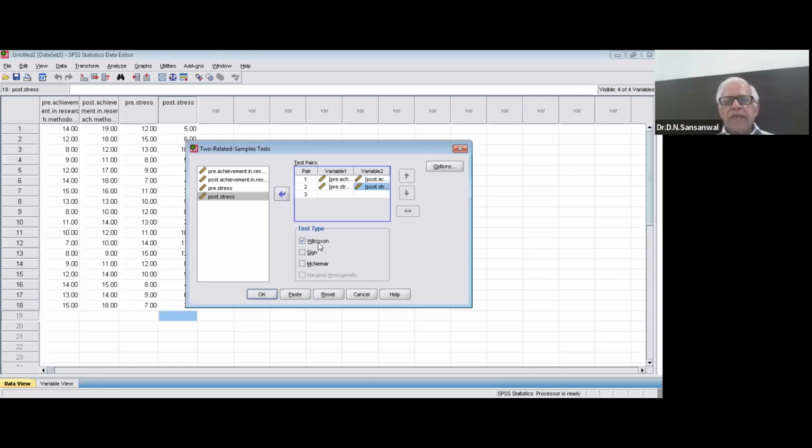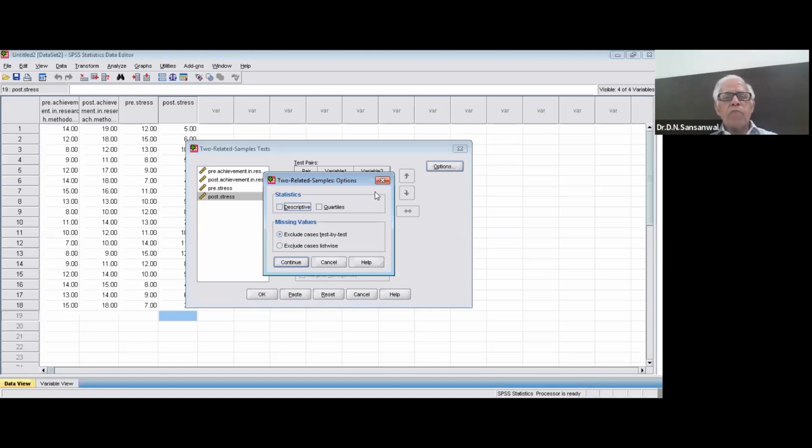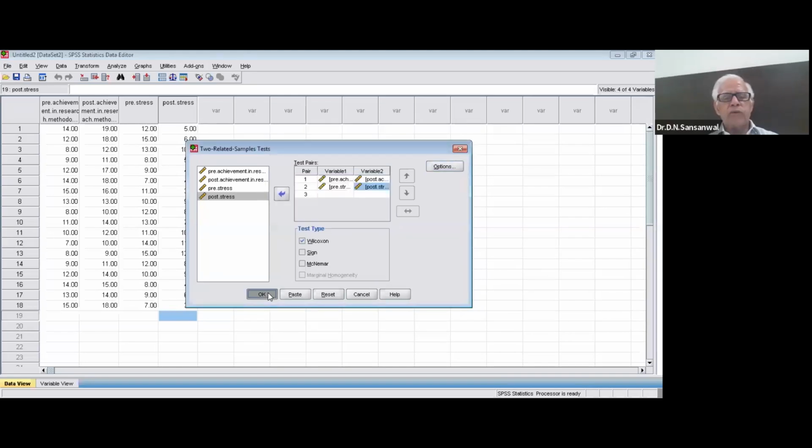Now here is the Wilcoxon. It is already highlighted. So you can say okay. If you want to see the descriptive statistics, if you want mean, mode, median, you can do it, no problem. And you go ahead.